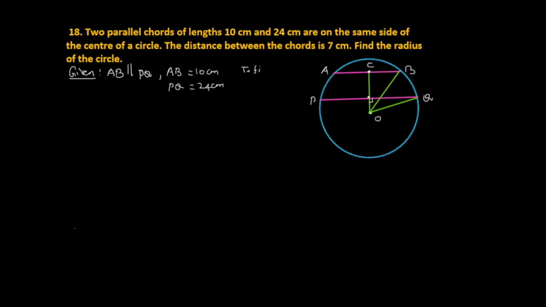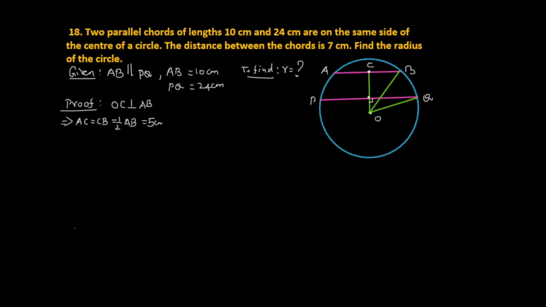To find the radius of the circle, we are going to take OC from the center. We are dropping a perpendicular. OC is perpendicular to AB. So this implies AC is equal to CB is equal to half of AB, that is 5 centimeter.